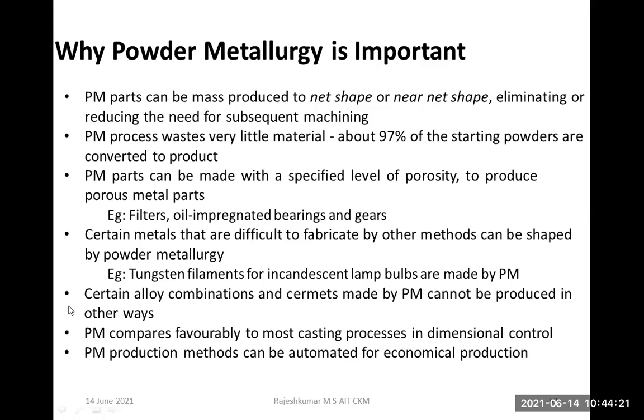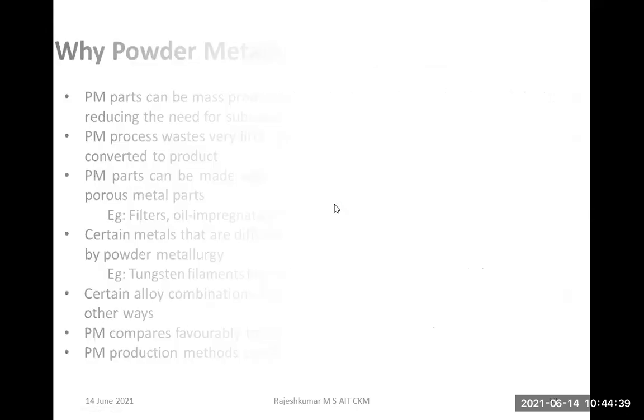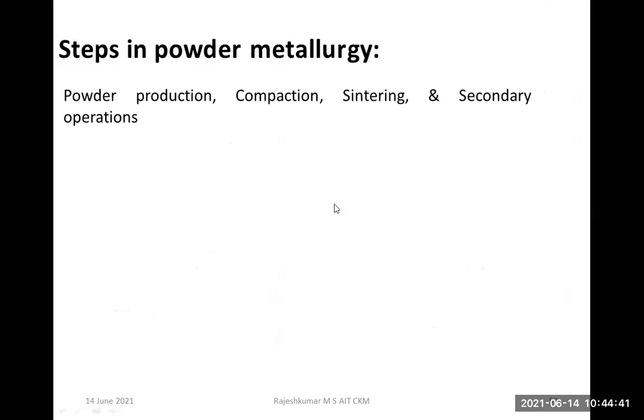Next, in the case of certain alloys, combinations like cermets, which are hard to make in other ways, can be manufactured. Powder metallurgy compares favorably to most casting processes in dimensional control. The powder metallurgy production methods can be automated for economical production. So these are the different reasons why powder metallurgy is important.